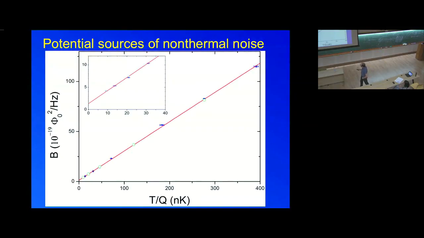And what you expect is a factor of 3 larger, because the green data should be shifted in such a way that this intercept is 3 times larger. And this doesn't happen.